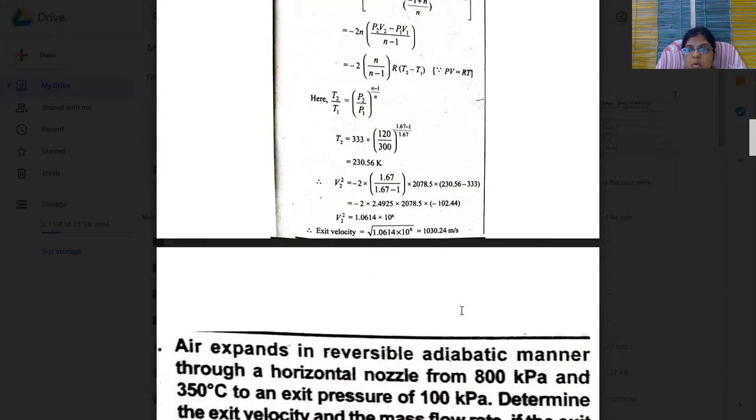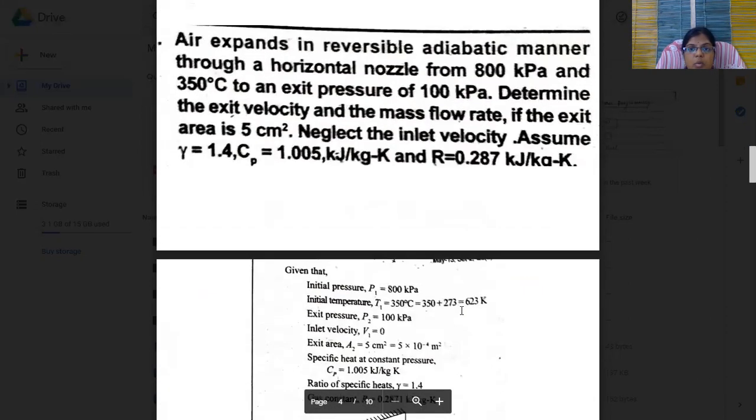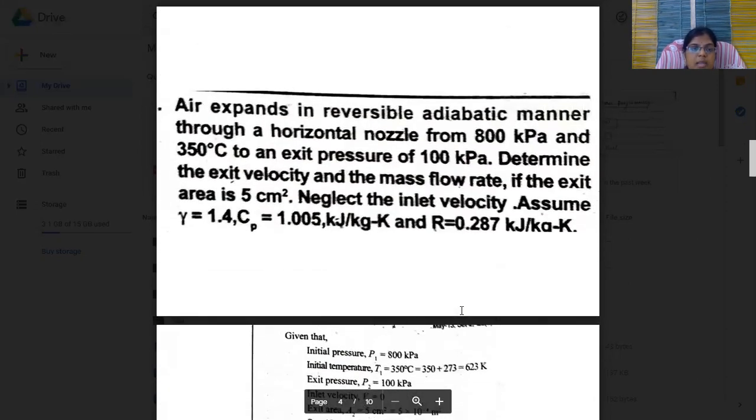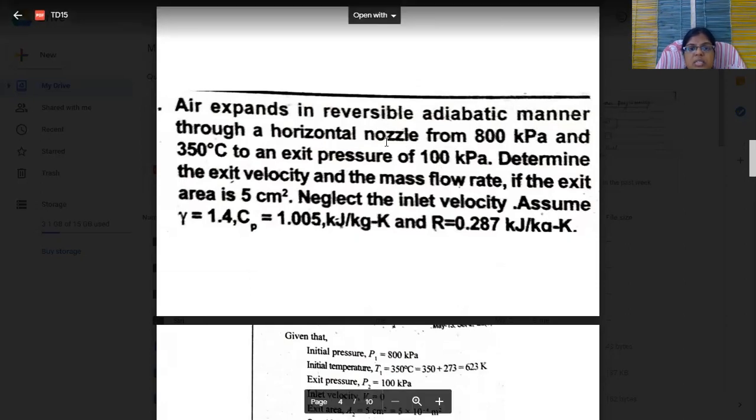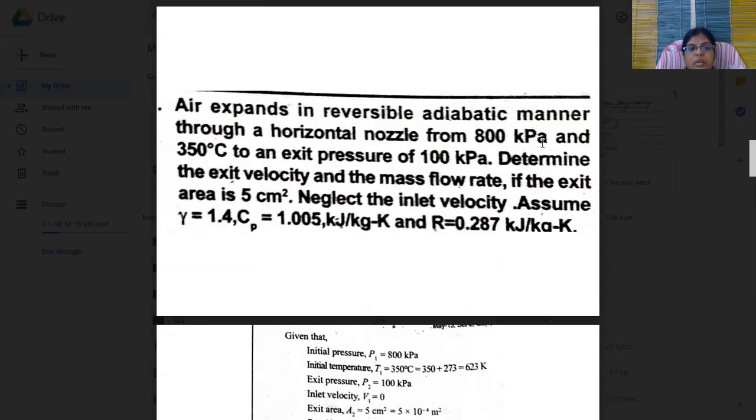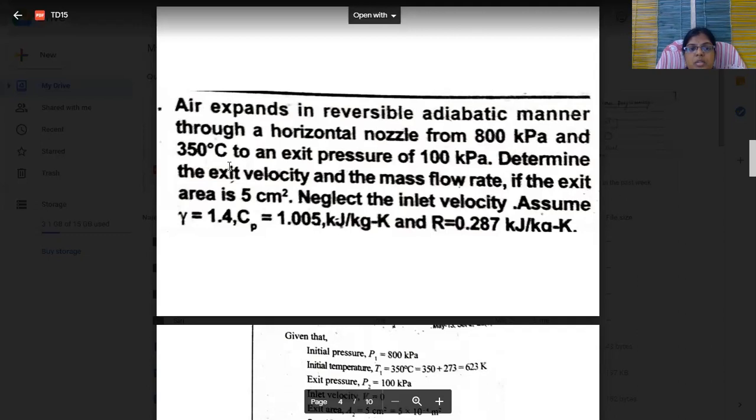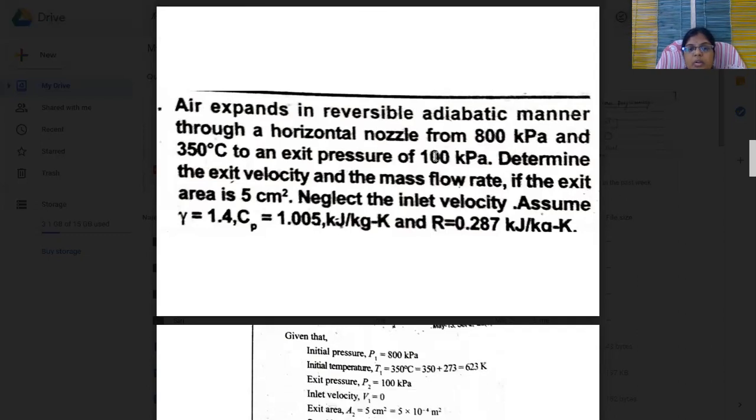Next, we are going to solve another problem. What is that problem? Air expands in a reversible adiabatic manner through a horizontal nozzle from 800 kilopascal and 350 degrees centigrade. Our hint is nozzle, and the pressure is P1 and temperature is 350 degrees centigrade, to an exit pressure of 100 kilopascal, which is P2.